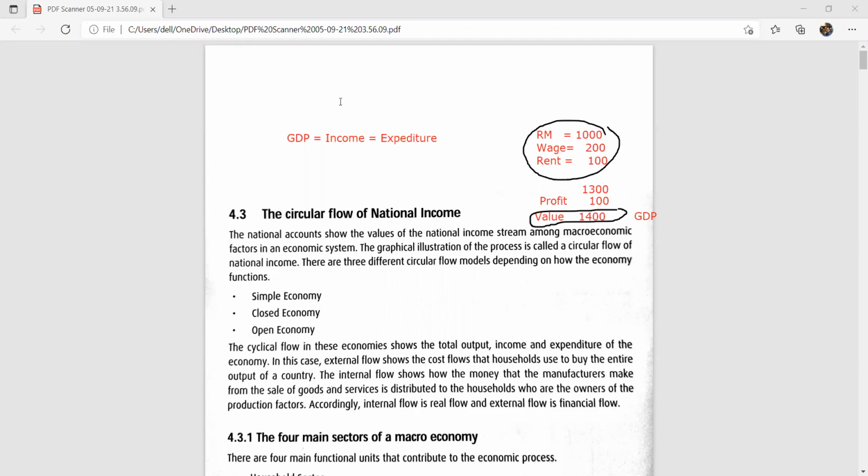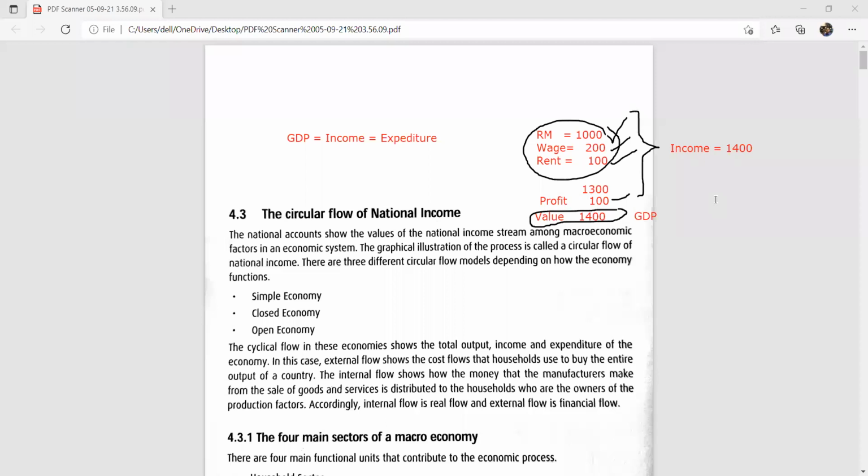At the same time, total income: raw materials owners received 1,000, workers received 200, landlord received 100, entrepreneur received 100. When we add these income sources, the income is exactly equal to 1400.